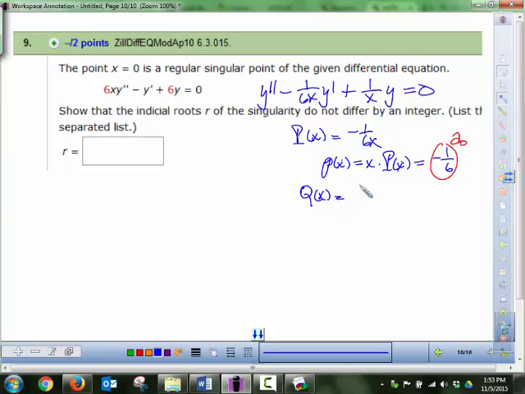Our capital Q of x is 1 over x. And so our little q of x, when you multiply this, remember you can multiply the second one by the power, or by the square of that term. So this is just x, right? So what's the constant term for this? 0, right?